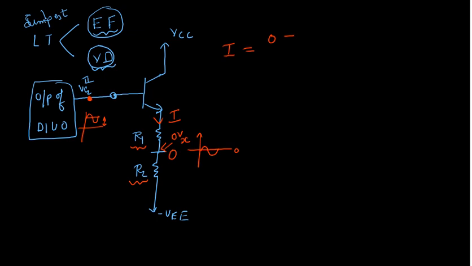So current through R2 is 0 minus VEE divided by R2, correct?